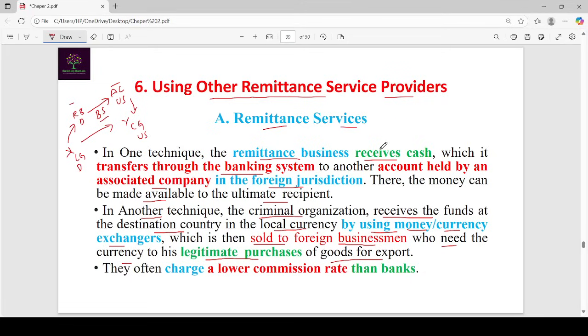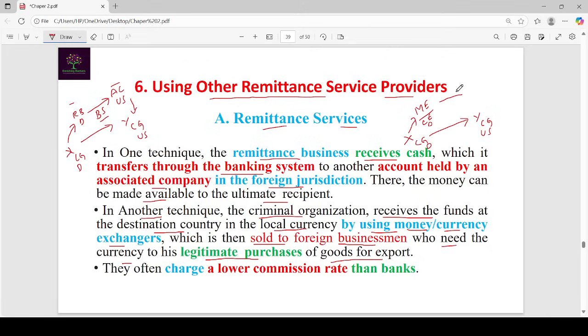So let us see this with an example. Here also, X criminal group in Dubai wants to remit illegal funds to the Y criminal group in US. Here, this criminal group approaches the money exchanger or currency exchanger in Dubai.